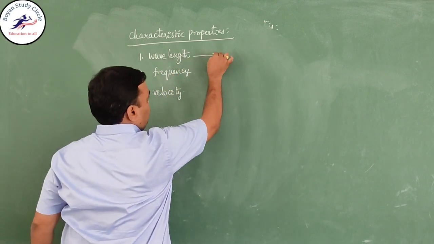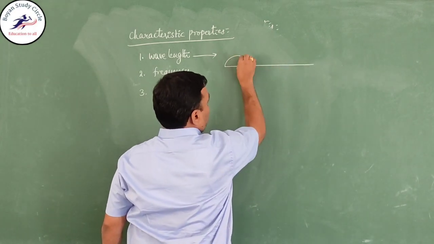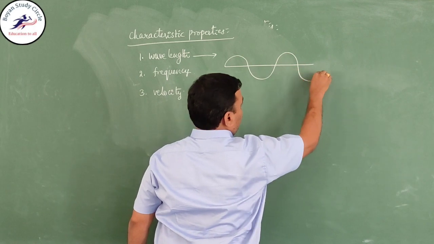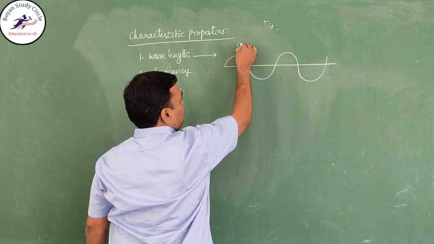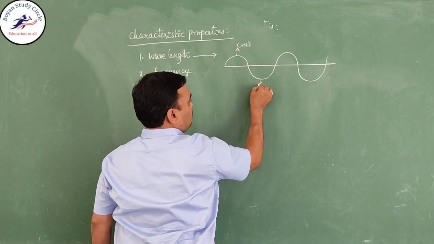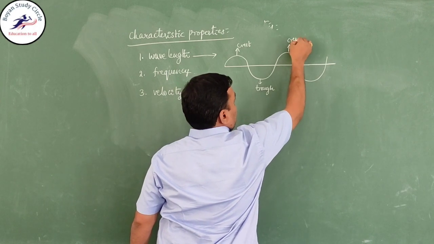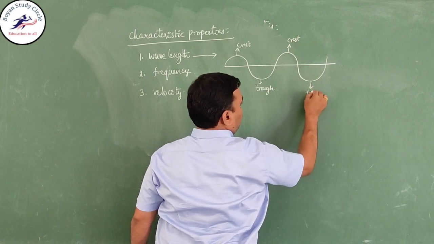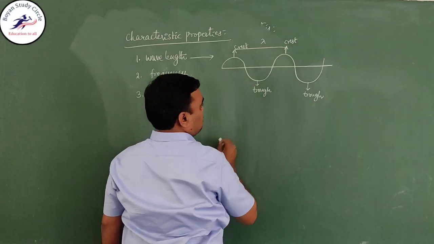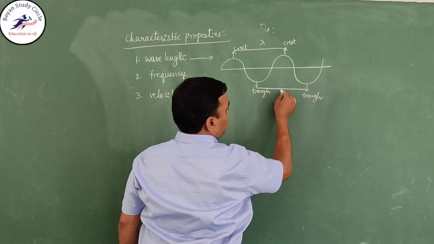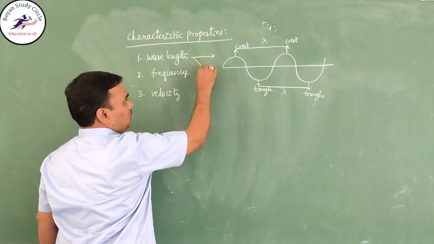First, wavelength, right. Light travels in the form of a wave, and when it travels in the form of a wave, you know that it forms crest and trough like this, right. What is wavelength?